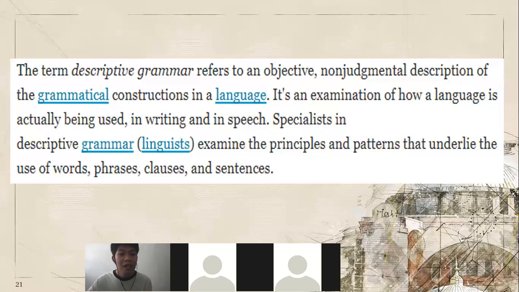But when it comes to second language, especially itong English, kasi we have what we call monitor hypothesis in second language learning. Mas critical tayo when it comes to our second language, for example, English. Have you noticed, for example, in social media, mas maraming grammar Nazi na Filipinos compared with native speakers of English?